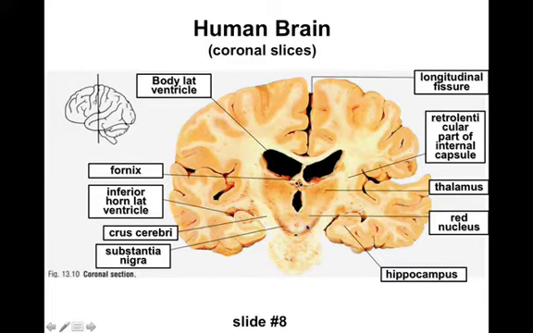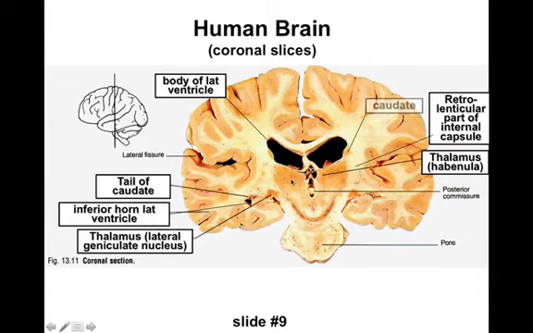So the red nucleus is again part of that midbrain. We can also see the inferior horn of the lateral ventricle. It's kind of hard to see, it's small, but there it is. And that helps to define some of these structures located more posteriorly. As we move further back, again, the body of the lateral ventricle is our sort of guide here.